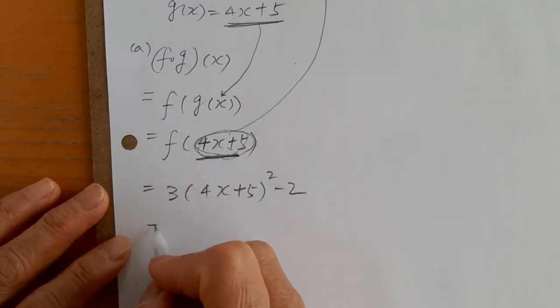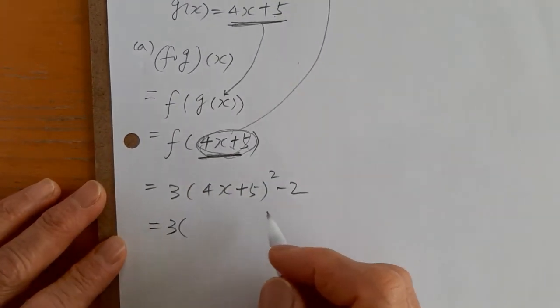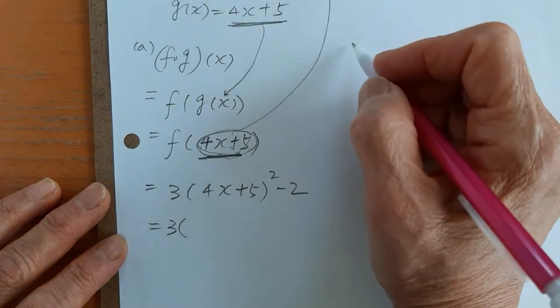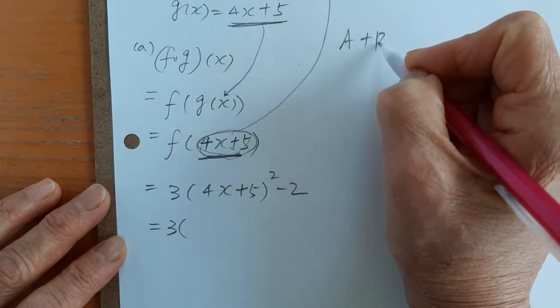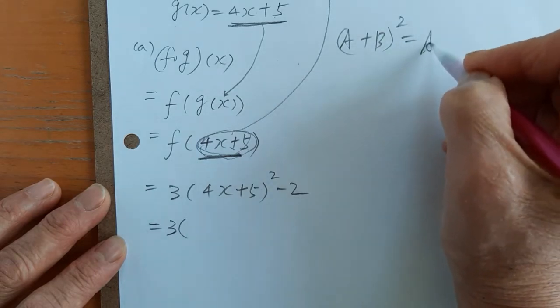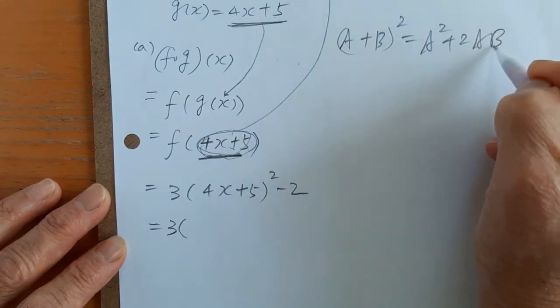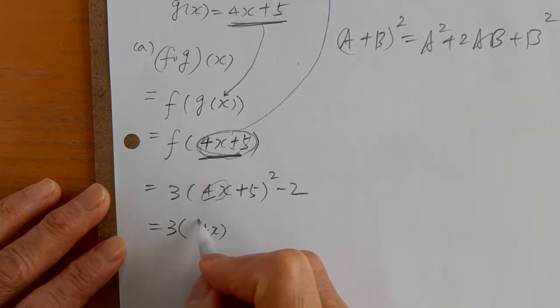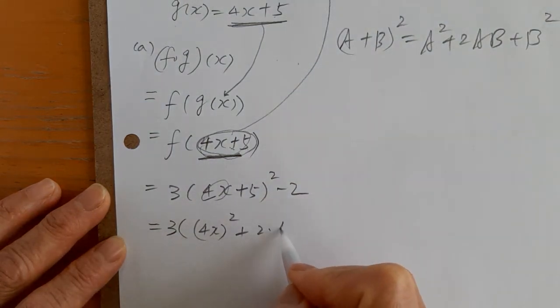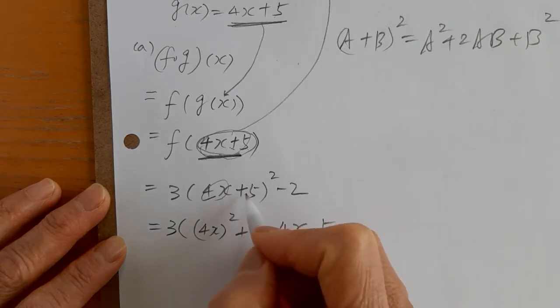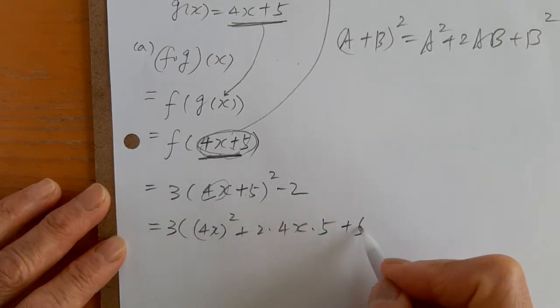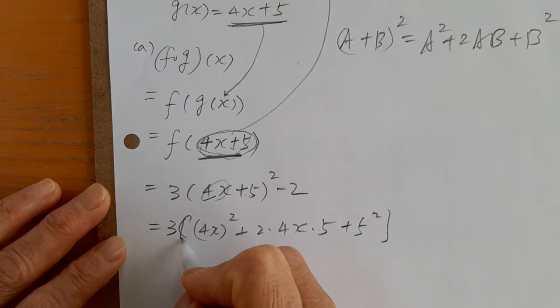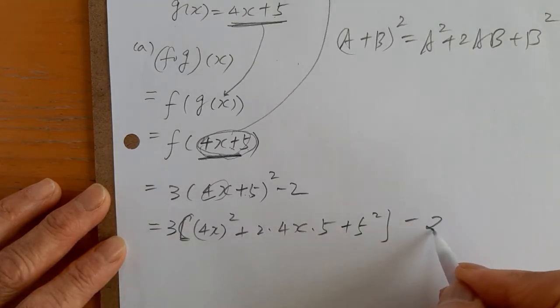Then you square it. You use the completing square formula, which is (a plus b) squared equals a squared plus 2ab plus b squared. A is 4x, so (4x) squared plus 2 times 4x times 5, plus 5 squared, put the bracket, minus 2.